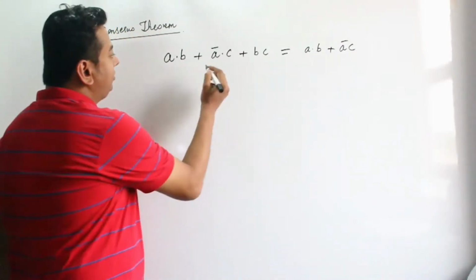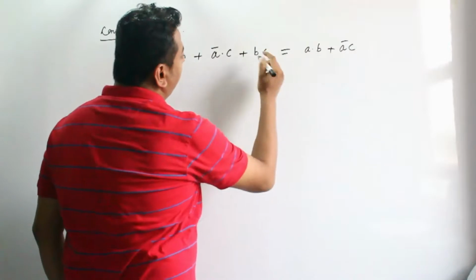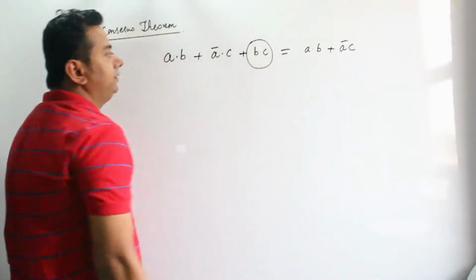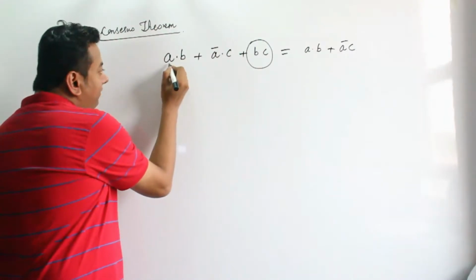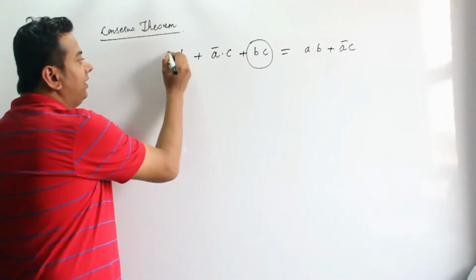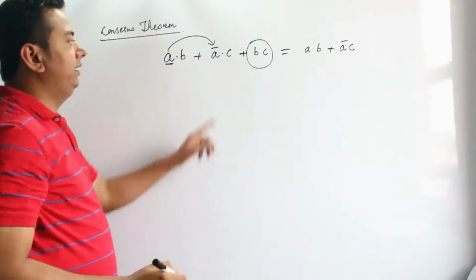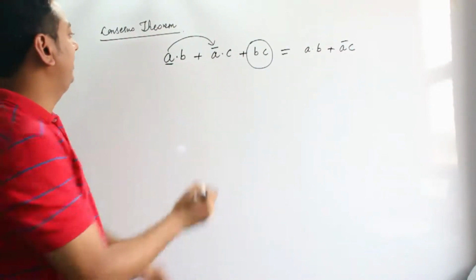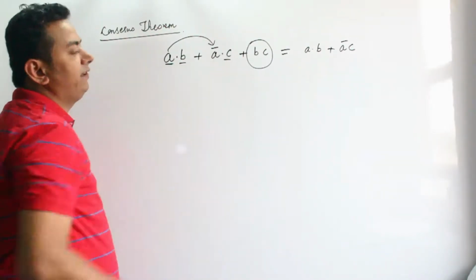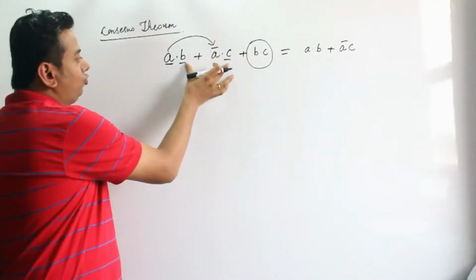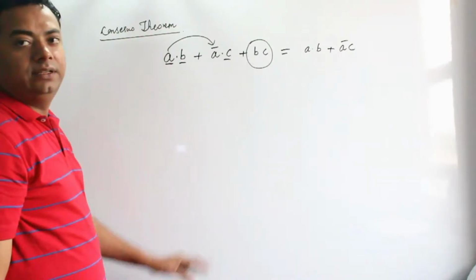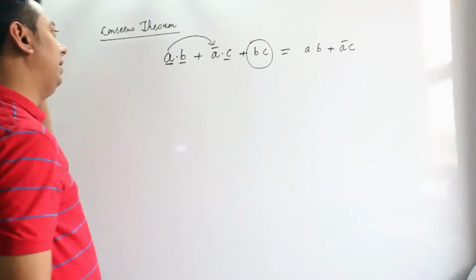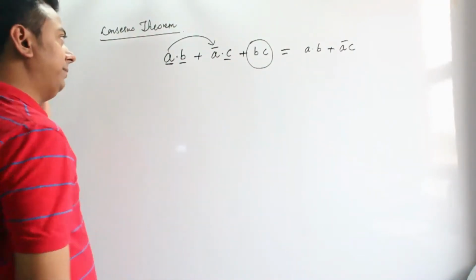As you can see in the final expression, this term is absorbed. So the consensus theorem says if you have a variable here and its NOT in this other term, and this is another variable, this is another variable, and these two Boolean variables are ANDed here, then this will be absorbed. Let's try to prove it.